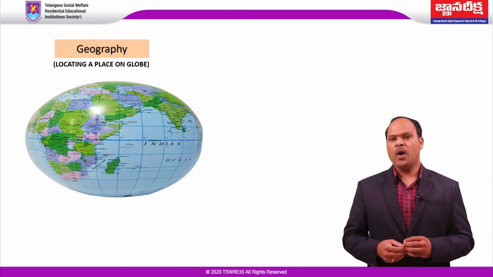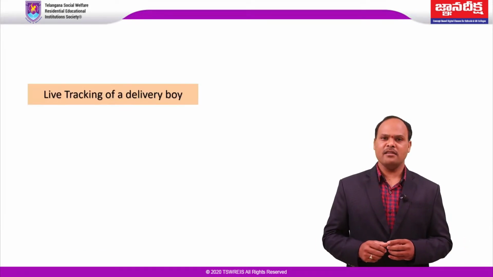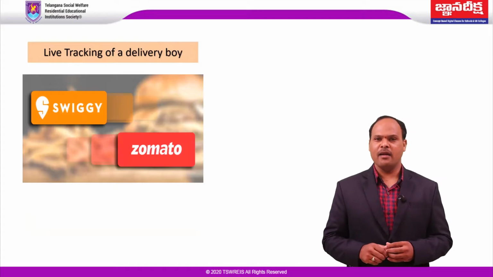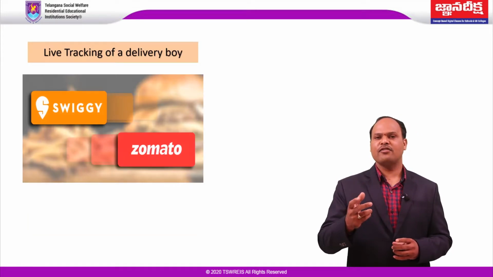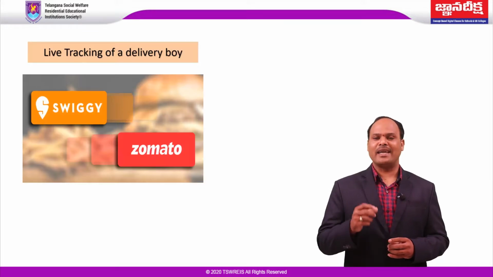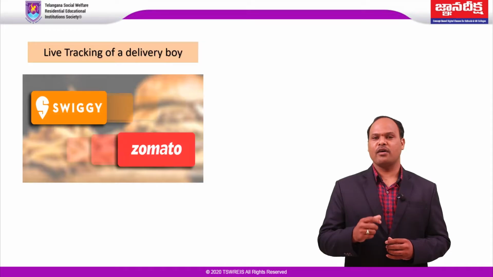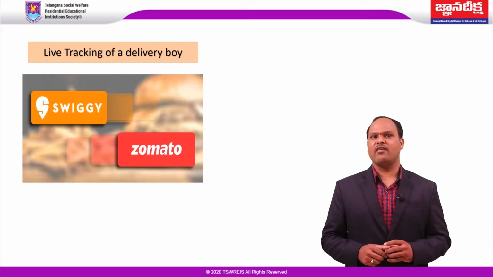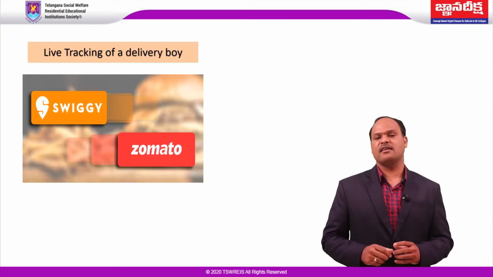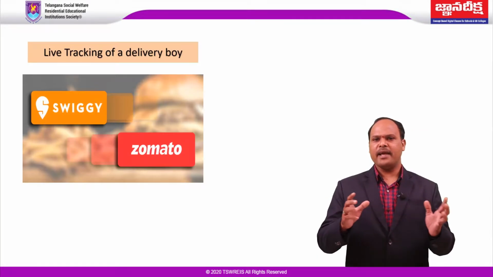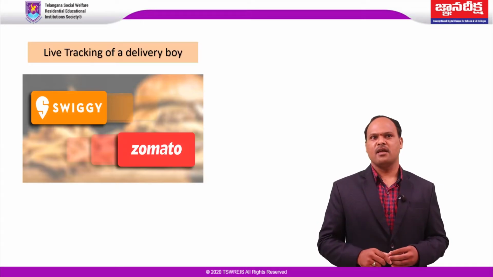Now coming to live tracking of a delivery boy's movement. I think you people have ordered some food items through Zomato and Swiggy. Then how do you track the delivery boy's movement through your phone? The live tracking of the delivery boy is shown by Zomato or Swiggy or other applications on your mobile. These applications use Google Map for this purpose.